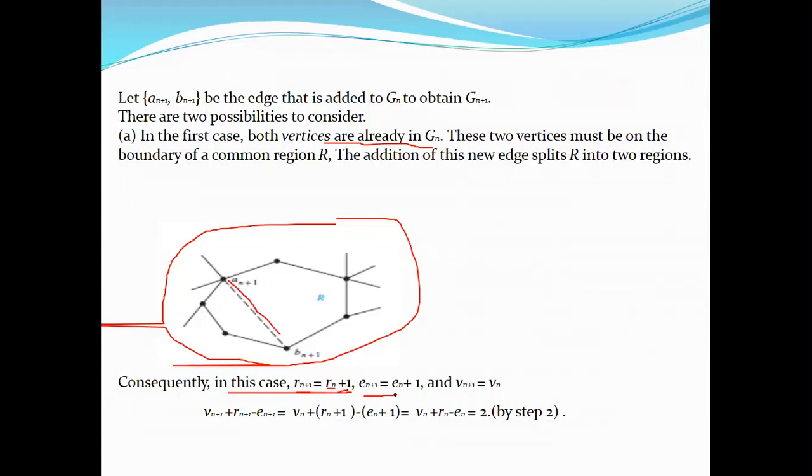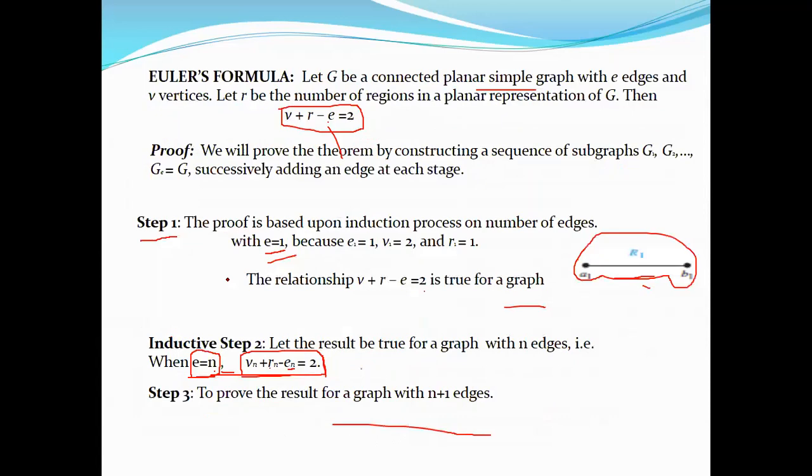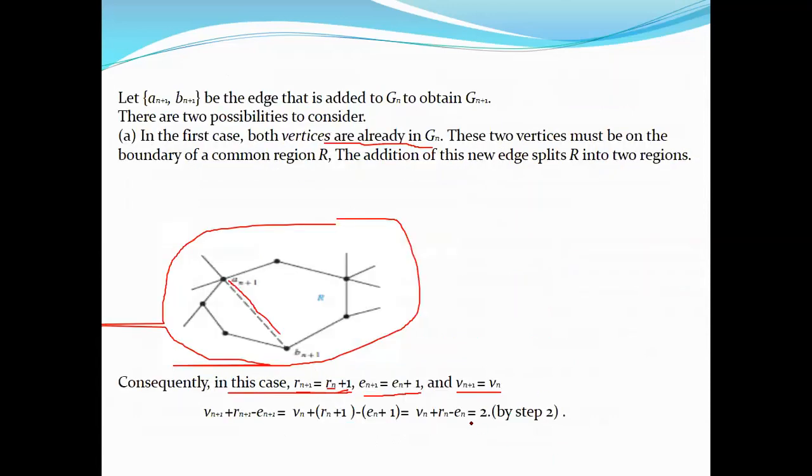Now the number of edges is En plus 1. The number of edges is increased in both possibilities. But the number of vertices is the same as in Gn, the last graph, which was assumed in step number 2. So Vn plus 1 remains V. If we put these values of Rn plus 1, En plus 1 and Vn plus 1 here, we get Vn plus 1 plus Rn plus 1 minus En plus 1.